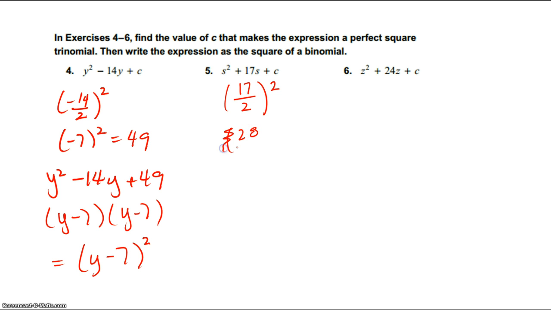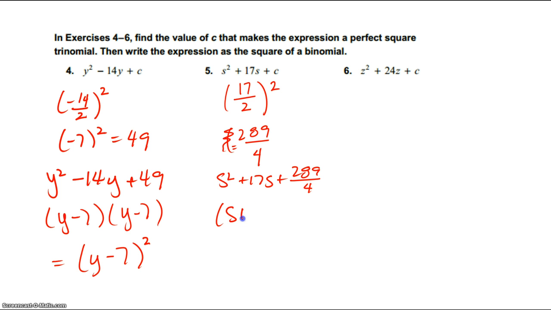Over 4. I just squared the top and I squared the bottom. So that would give me s squared plus 17s plus 289 over 4. And when I go to factor that, I'm going to use that b over 2 for both of my quantities.